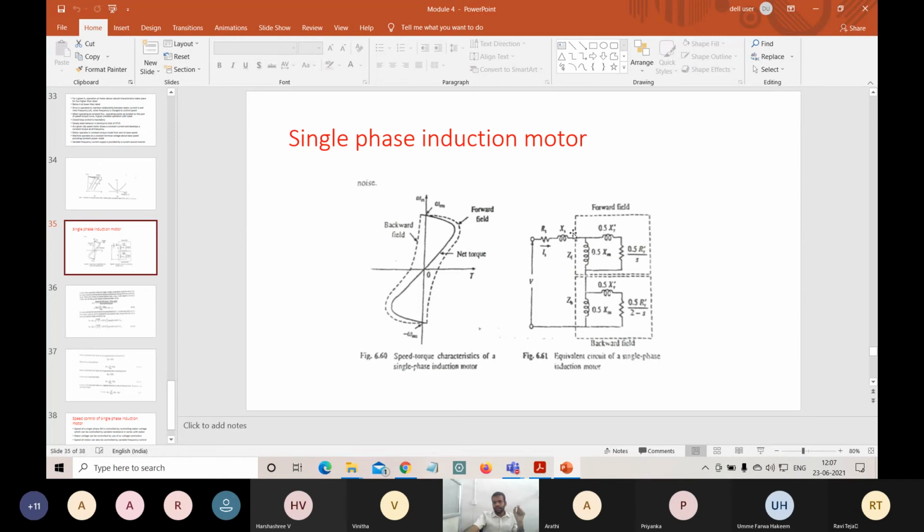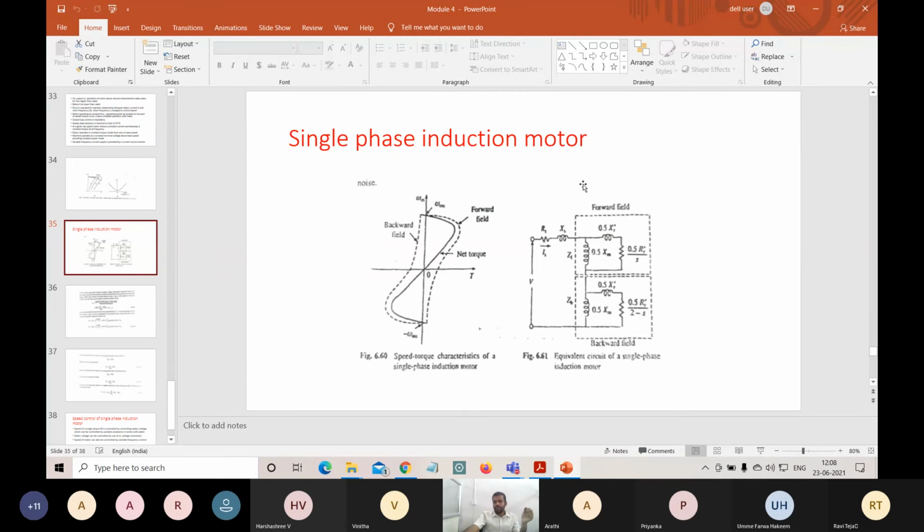So that is for RF plus JXF. And if you are using ZB, so ZB is nothing but our backward impedance. Backward field impedance is nothing but ZB. ZB is RB plus JXB. So RB plus JXB, that is, 0.5 RR dash by 2 minus S plus 0.5 XR dash. So these two in parallel with mutual inductance 0.5 XM.